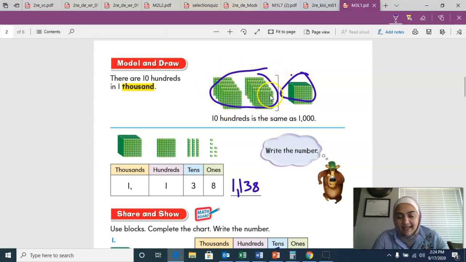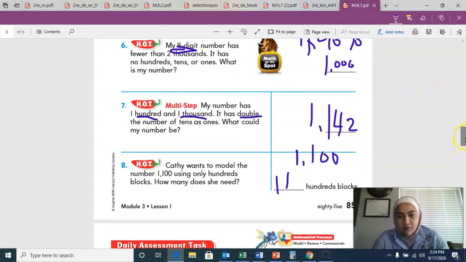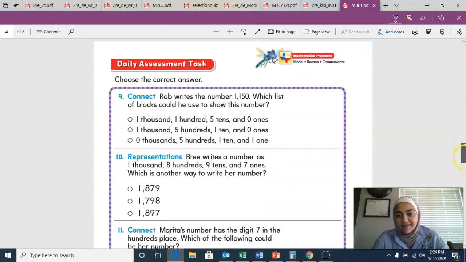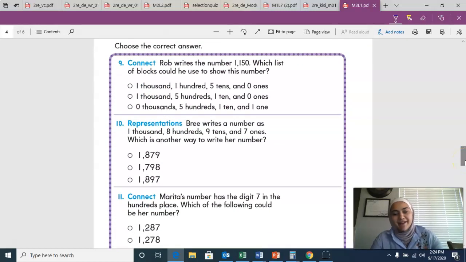So she has 10 of these from the thousands place, plus that one more she had in the hundreds place. 10 plus 1 makes 11. So she needs 11 hundred blocks. It's really important that you remember that 10 hundreds is the same as 1,000. Okay?